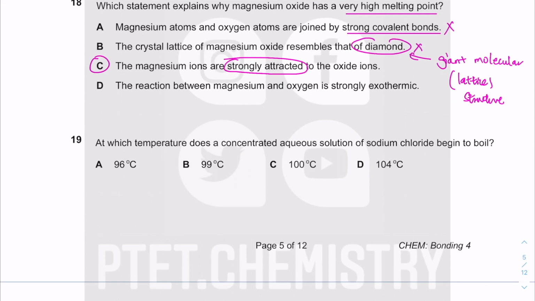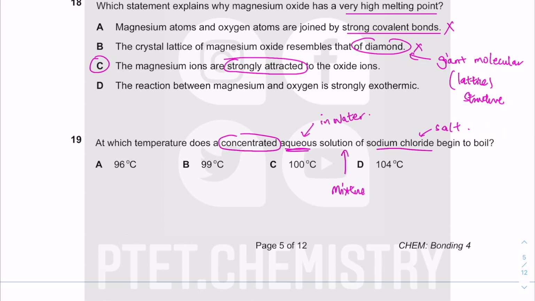Number 19, so you have a concentrated, this is aqueous, that means in water, okay, so it's a solution, a mixture in water of sodium chloride. This is a salt. So you want to think about boiling.